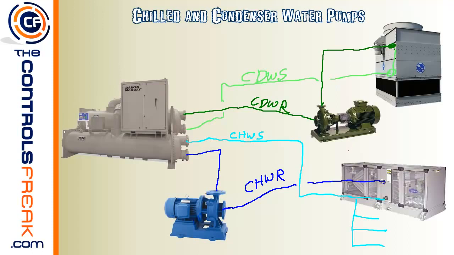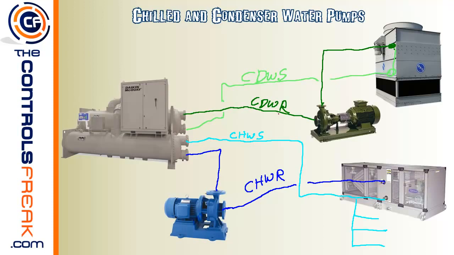Now there might be some questions, well, how do you know the difference between the supply and the return? Well, this is how you need to look at it. If we're talking about chill water here, chill water supply is, you're saying you're supplying chilled water. So that's actually going to come from the chiller because the chiller is what's supplying the cold chilled water. Therefore, the water leaving the chiller is going to be chill water supply. Now, you go on to the other side where the condenser water is, you'll notice that the water coming out of the chiller is the condenser water return.